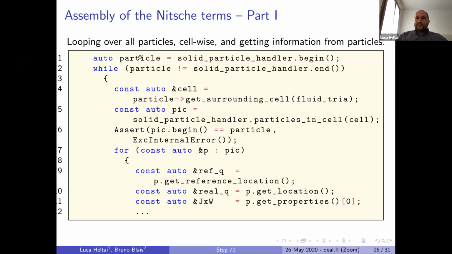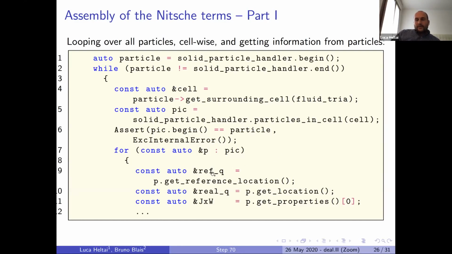We start with the first particle, we query what is the cell of the first particle, and then from then on, we loop over all particles that belong to the same cell. This is a very fast loop, which is done cell-wise, only over the cells that actually own some particles. So this is what's written in step 70 and shows you how to extract information from the cell particles.